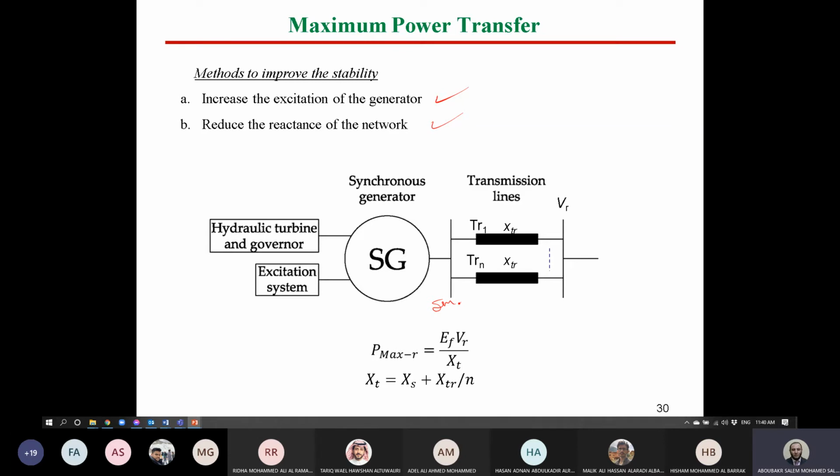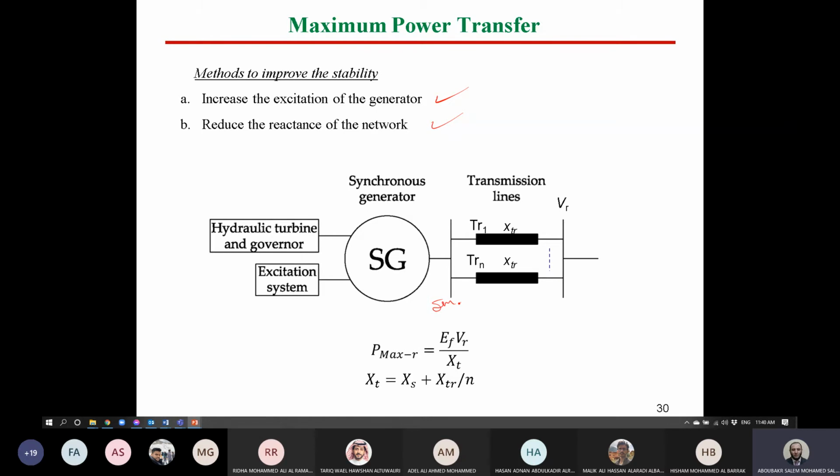Of course, each power plant has its own design. You can find many designs for power plants, according to many aspects. Here we consider the stability. We can consider reliability also. I'm not sure if there is a course here in the department called power system reliability or not. However, regarding reliability, we have many systems. We have a system called 100% continuity. For the 100% continuity systems, you have lots of varieties in order to operate the systems.